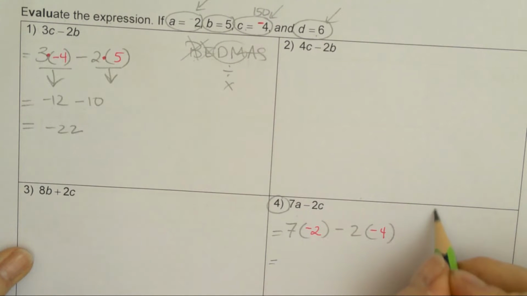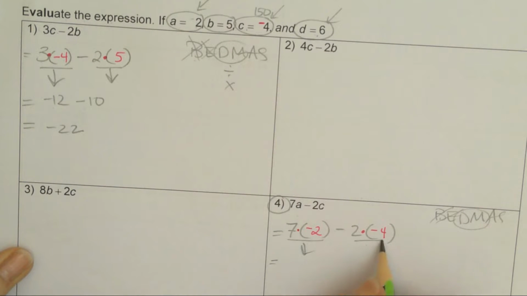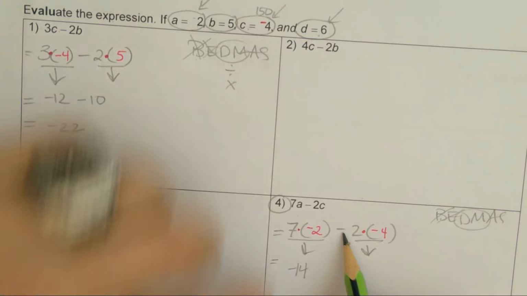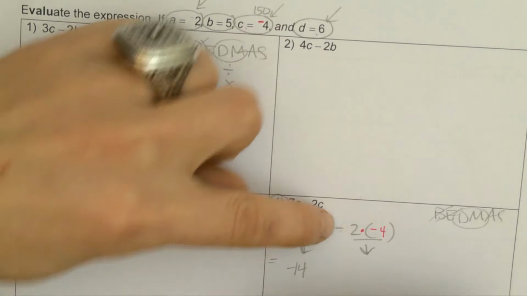If I look at BEDMAS, I can't do anything inside the brackets. I don't have exponents. Divide and multiply. I have a multiply here because it's a number touching a bracket. So I have to do this one and this one. 7 times -2 is -14. Then I go -2 times -4, and you can use your calculator.